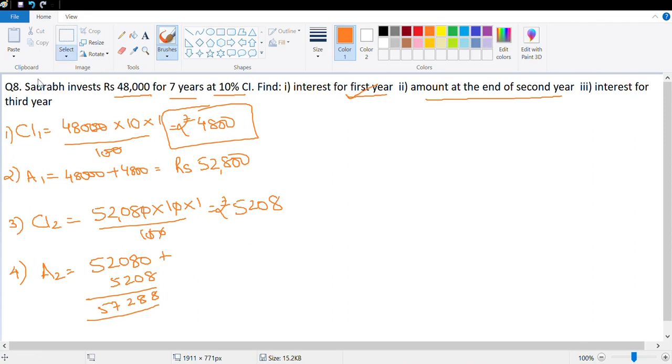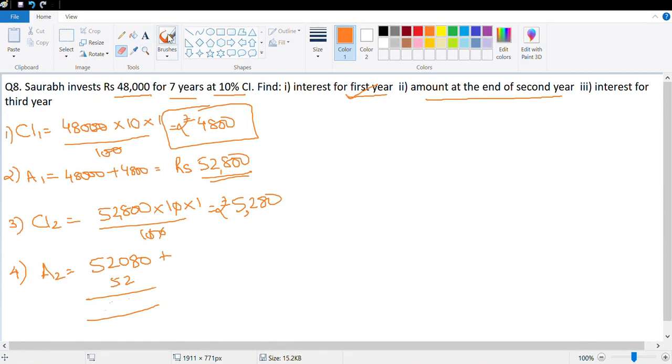That's where my mistake is. So this is not 52080. This is 52800. I've written it properly here. So that's 52800, and this is not 5208. Now this is 5280. Similarly, here I am adding 5280.